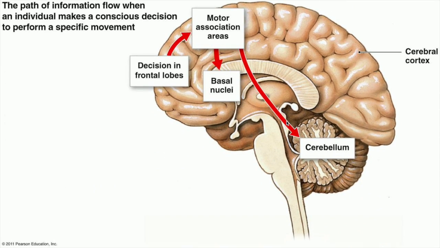When you are planning a movement, this is what goes on. Information is relayed from the frontal lobes, where we make the decision, to the motor association areas, which are going to send information to the basal nuclei and the cerebellum.